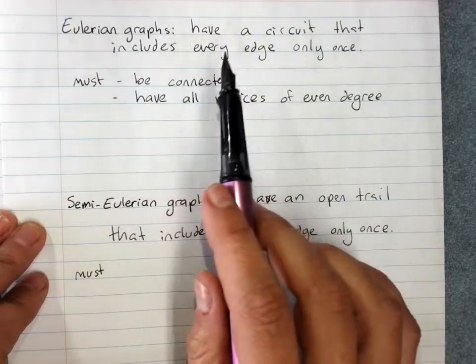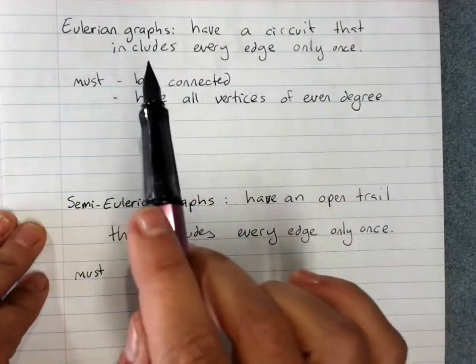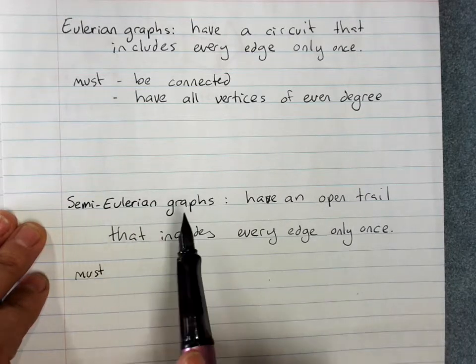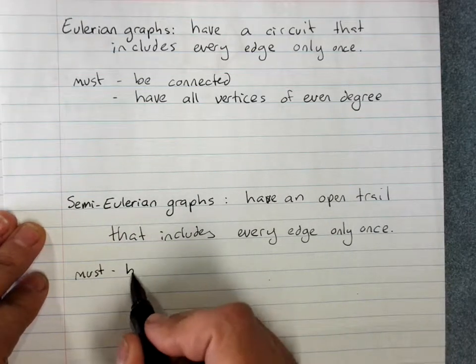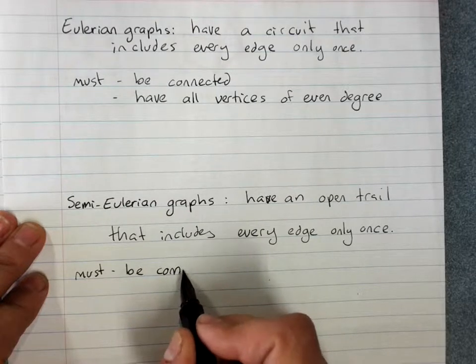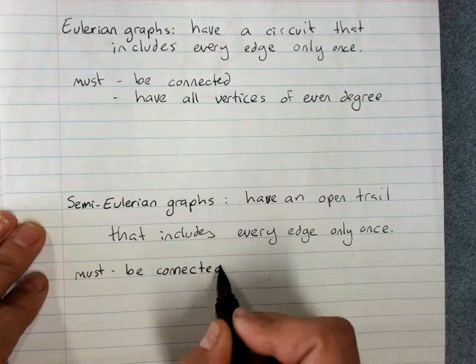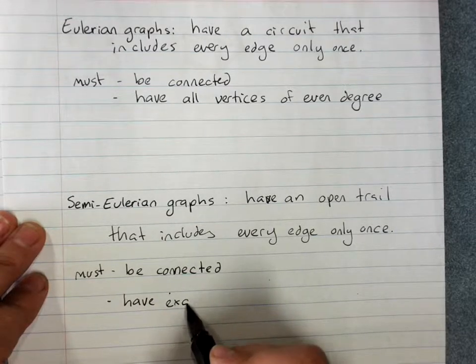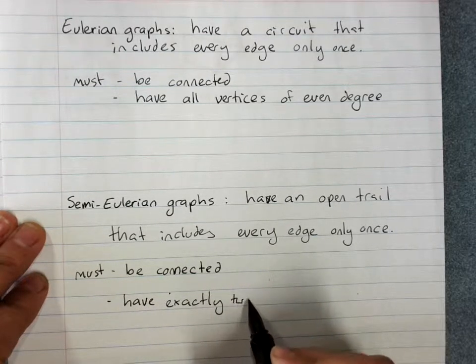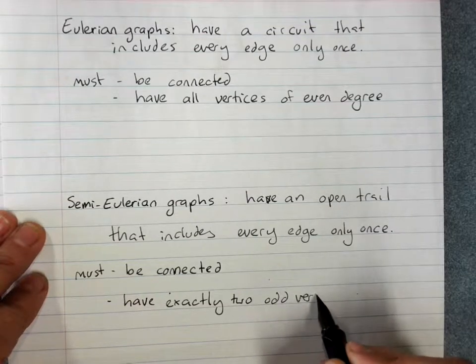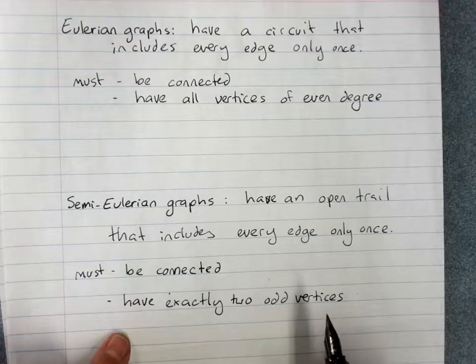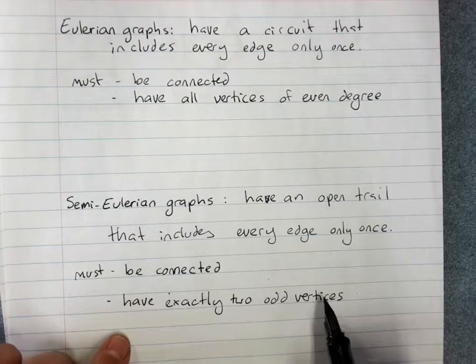A graph that has an Eulerian circuit is an Eulerian graph. A graph that has an Eulerian trail is semi-Eulerian. So it must still be connected and have exactly two odd vertices. And our trail will start at one of the odd vertices and end at the other odd vertex.